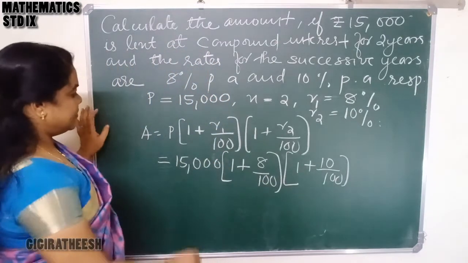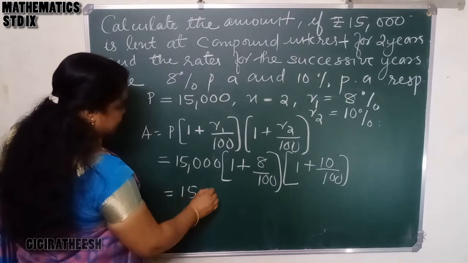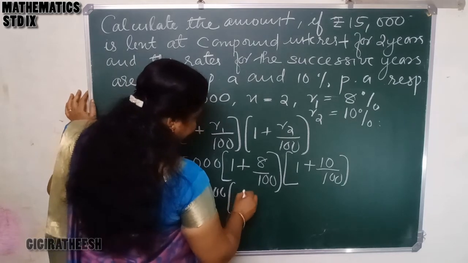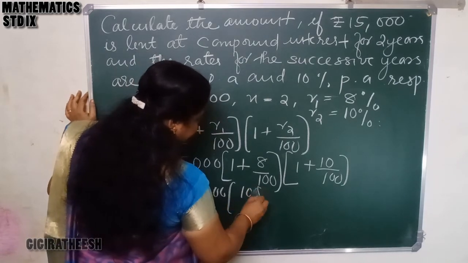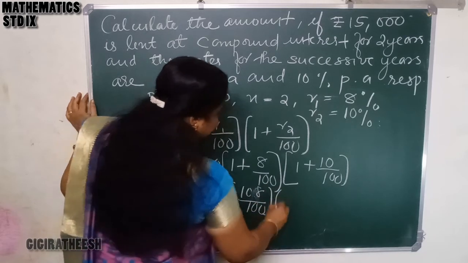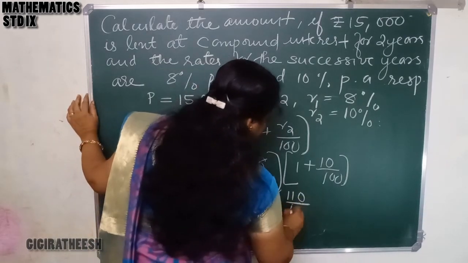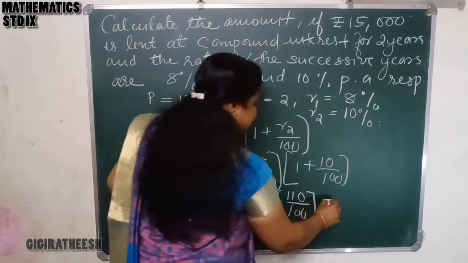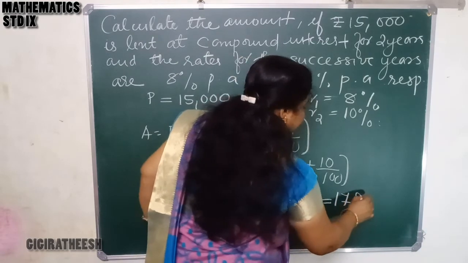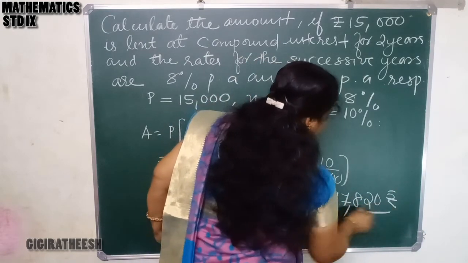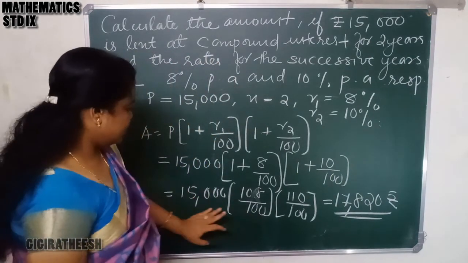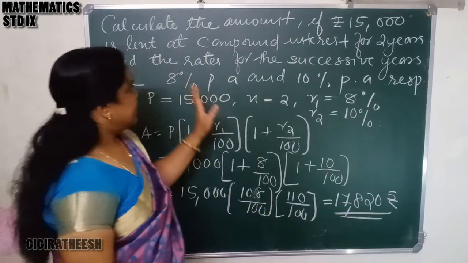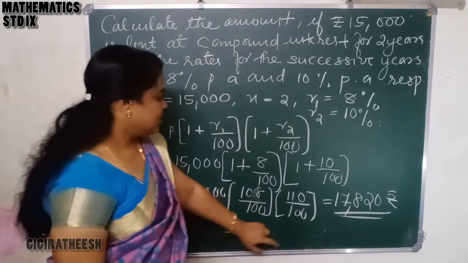Taking 100 as the LCM, we get 15,000 into 108 by 100 into 110 by 100. After calculation, cancelling the zeros and multiplying, we get the value 17,820 rupees. 17,820 is the amount for the successive 2 years.